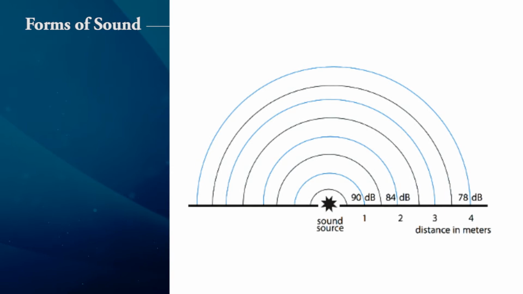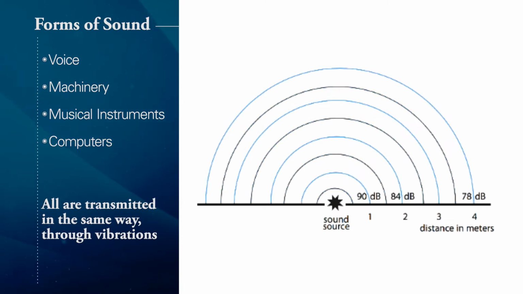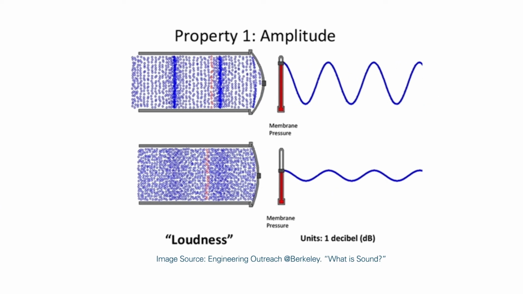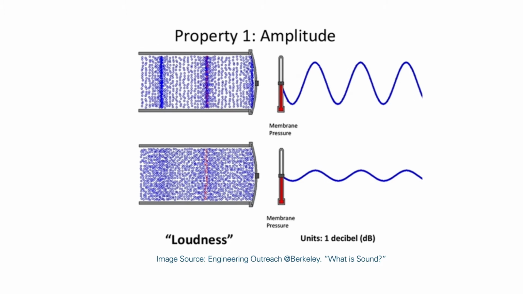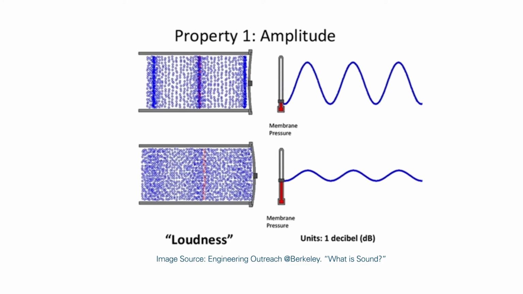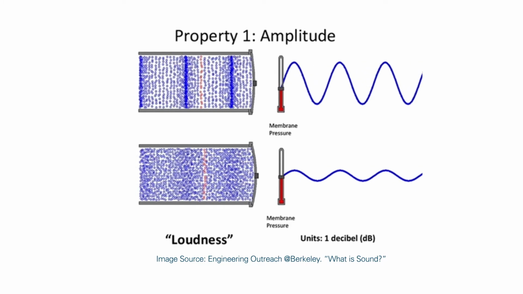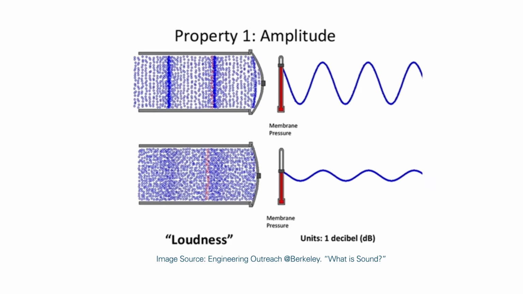It can come in many forms: voice, machinery, musical instruments, computers, but all are transmitted in the same way, through vibrations. In the most basic sense, when sound is created, it causes the molecules nearest to the source to vibrate. As with any energy transfer, each time a molecule vibrates, a little bit of the energy is transferred, and that's what causes the sound over time to get quieter with distance.